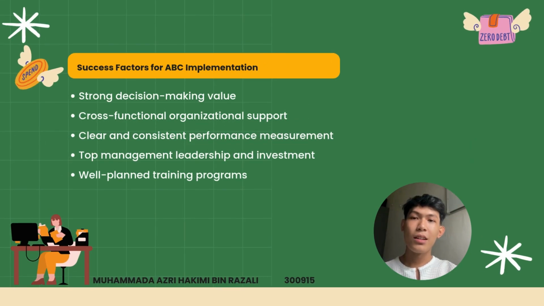Despite these challenges, there are clear factors that can lead to successful ABC implementation. First is the perceived decision-making value of ABC. When SMEs clearly understand how ABC can help them make better decisions, whether it's about product pricing, cost control, or budgeting, they are more willing to commit to it.